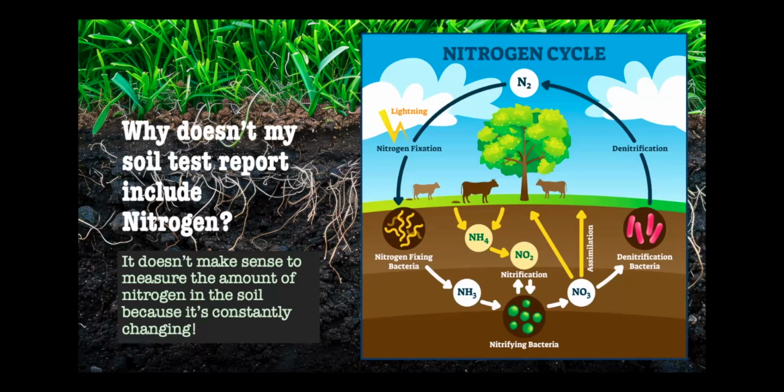So it goes through this whole cycle, from nitrogen gas to forms the plants can use and back into nitrogen. That's why they don't test for it. At Delaware, there are ways to test for it, which is very complicated. It involves freezing the sample and getting it to the lab while it's still frozen, so they can immediately see what was in there, because it's going to change. If you freeze it, it doesn't change as much. So that's why it's not on your soil test report.